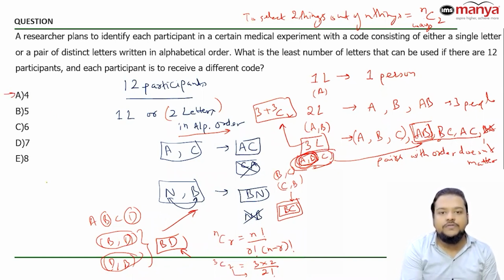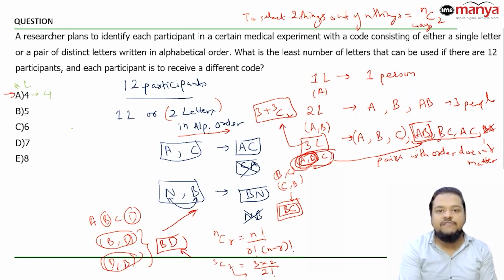Okay, perfect. Now let's move on to the options and we'll solve option by option. So if the number of letters is 4, how many participants can I code? I can give A to the first person, B to the second, C to the third, D to the fourth, and then I will start making pairs out of those 4 letters. And the order of choosing the letter is not going to matter, because in that pair of code, there is only one possibility, that is the alphabetical order.